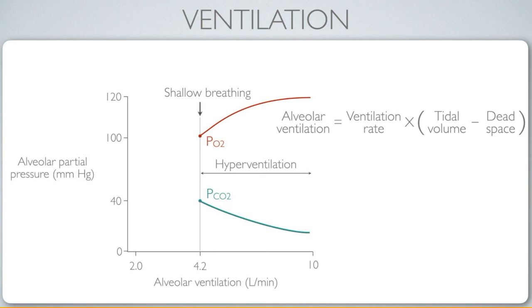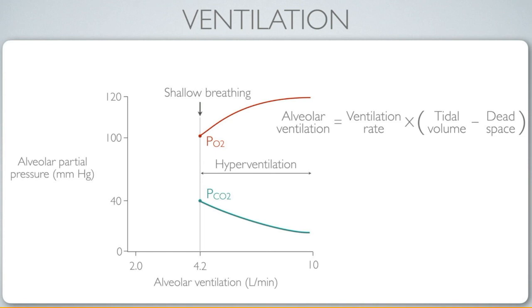Hyper implies more than what is necessary or more than what is normal, and in this context, that refers to what is needed for your own metabolism. So hyperventilation would be a greater respiratory rate than what is necessary for your own metabolic needs. And you can drive yourself to do this, even though it will cause lightheadedness and may eventually cause you to faint.